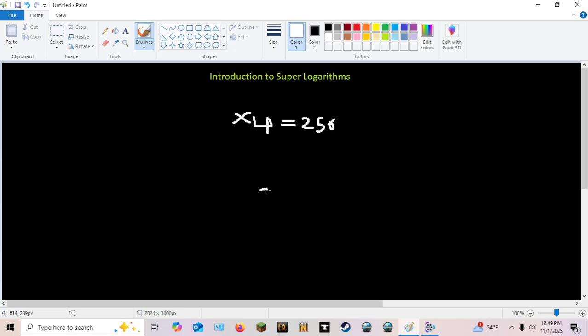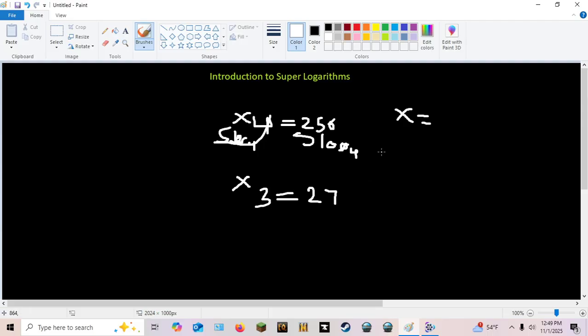And then 3 tetrated to x equals 27. So we're gonna take the log base 4 of both sides. And then the 4's are cancelled, giving us x equals log base 4 of 256, which equals 2. 4 tetrated to 2 equals 4 raised to the 4th power, which equals 256.